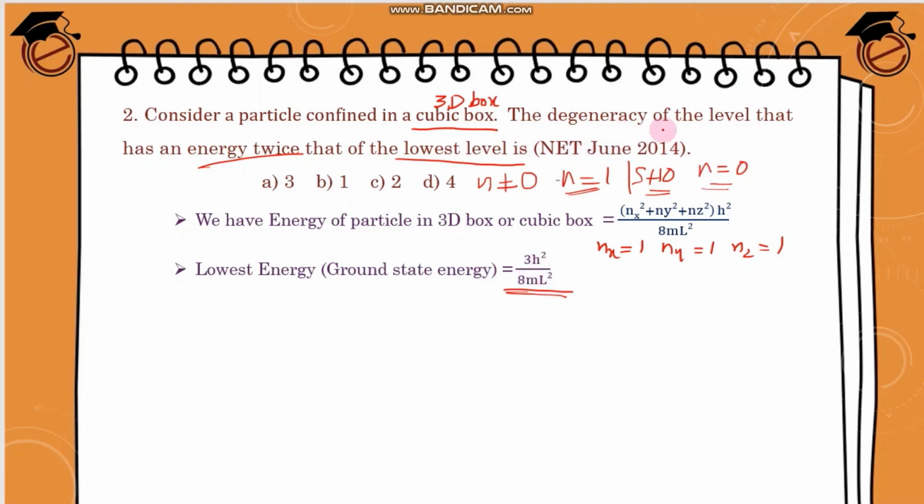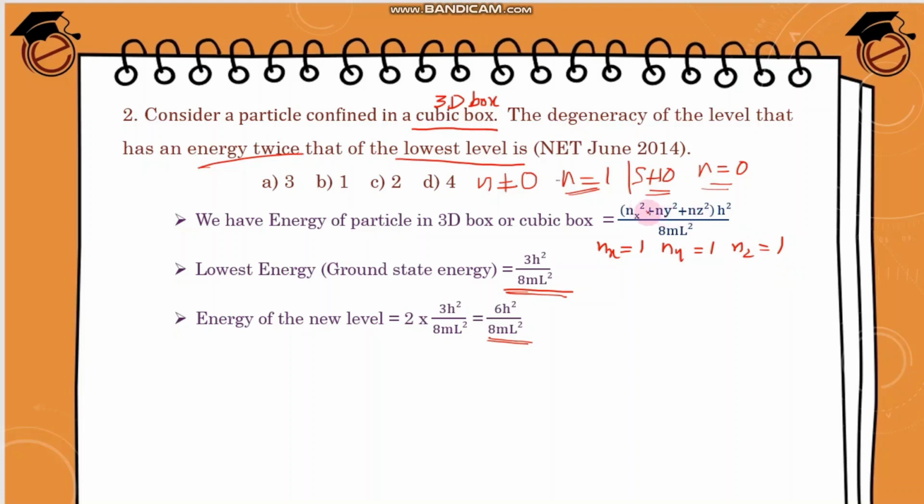And in the question it is mentioned that the new level energy is twice the energy of the lowest level. So the energy of the new level is 2 into 3h square by 8ml square, that is 6h square by 8ml square, right? Up to this I think no problem. First we have to consider a 3D box. For a 3D box, the minimum value of n is 1, so nx will be 1, ny will be 1, and nz will be 1.